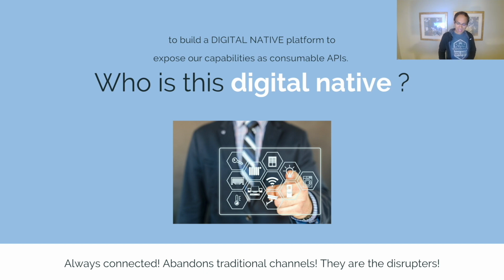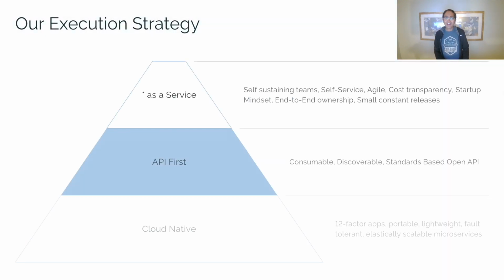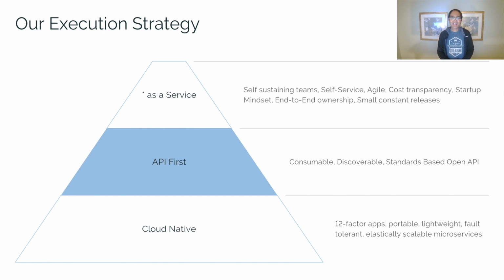So with that in mind, we came up with an execution strategy. Of course, we want to be like a startup, and we want to be cloud native, and we want to make sure we follow an API first strategy and eventually build everything as a service so that someday we can monetize, right?